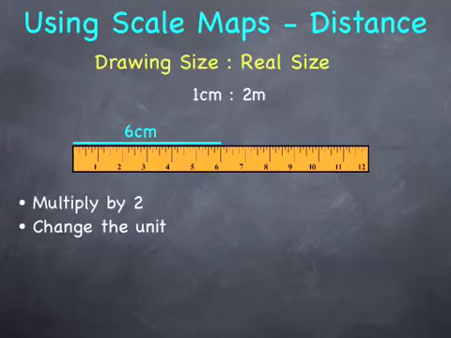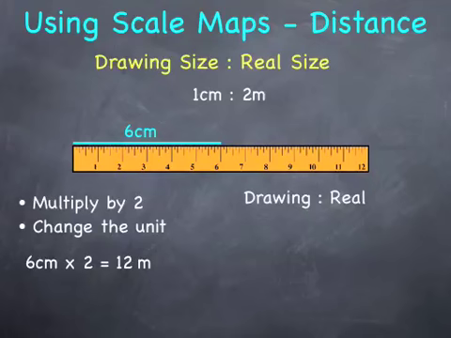So we're going from 1 to 2 in the scale of 1 centimetre to 2 metres. So we multiply by 2 and we change the unit to metres, from centimetres to metres. So we've got 6 centimetres times by 2 equals 12, and just change the unit to metres, and that's the answer. 6 centimetres on the map is 12 metres in real life.